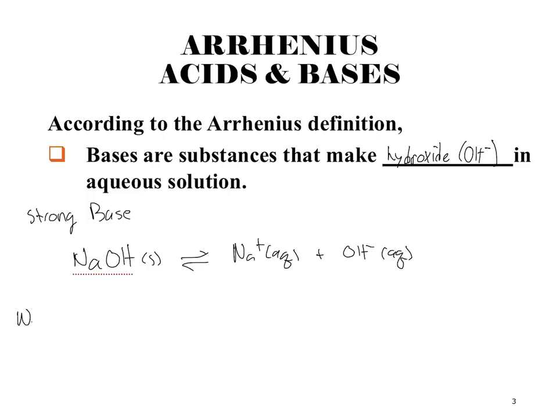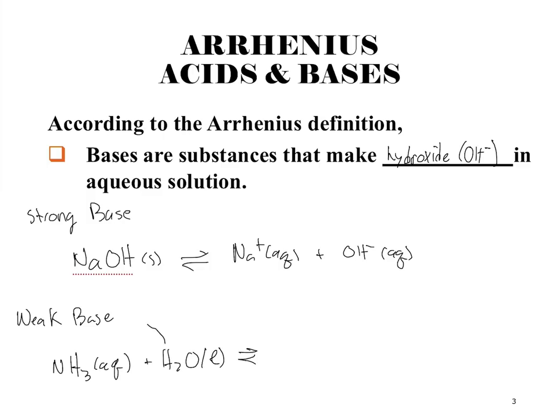If we have something that is considered a weak base, and again, we'll talk more about what those mean, something like ammonia, NH3, in solution, and we put it in water, right? So notice that the first strong base doesn't really require water. What happens is the weak base takes a proton away from the water, right?